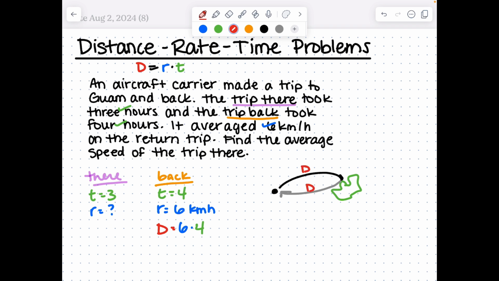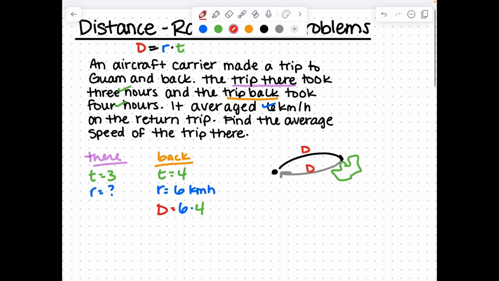So a lot of times what your easiest path is going to be in these problems, because you're talking about two different things, but they are linked together with some common information, is to actually set these two trips, or these two drivers or these two people or whatever it is, and have each of their equations, and set them equal to each other, like have an expression for each of them.